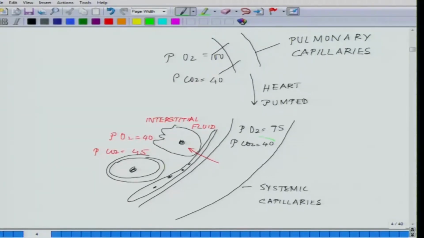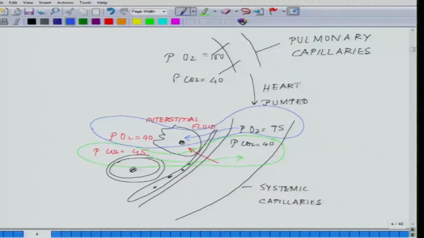If we compare these two values, CO2 from here will start moving into the systemic capillaries, whereas on the other side, comparing the partial pressure of oxygen in the interstitial fluid, oxygen will be downloaded out here.